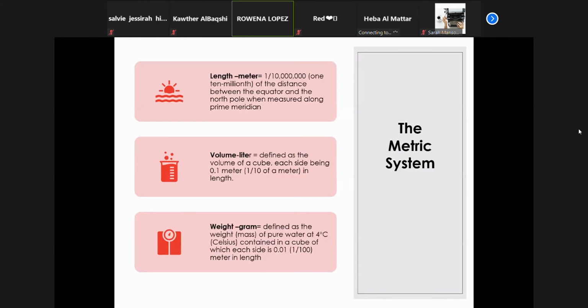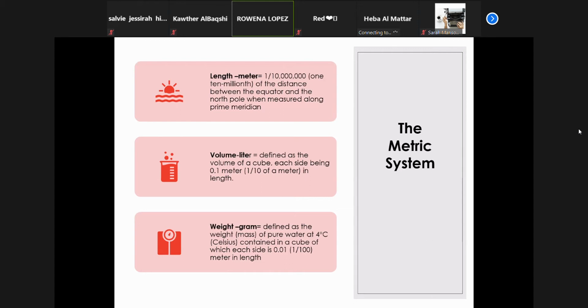So I want you to remember that the length of a meter is 1/10,000,000 of the distance between the equator and the North Pole, measured along the prime meridian. And the liter is defined as the volume of a cube, each side measuring 0.1 meter or 1/10 of a meter in length. So even the volume or liter is calculated according to the length.